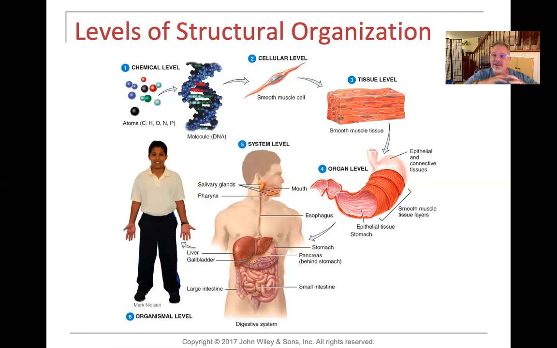You'll see that when we get into the cell membrane itself is made up of proteins, carbs, and fats. And in order to get carbohydrates, proteins, and fats, we need carbons, hydrogens, oxygens, nitrogens, etc.